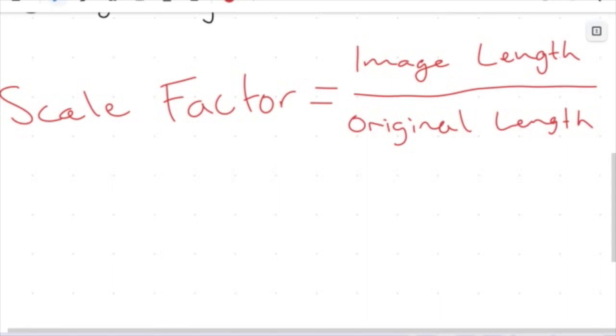And this is going to tell us, for example, how much bigger this is.